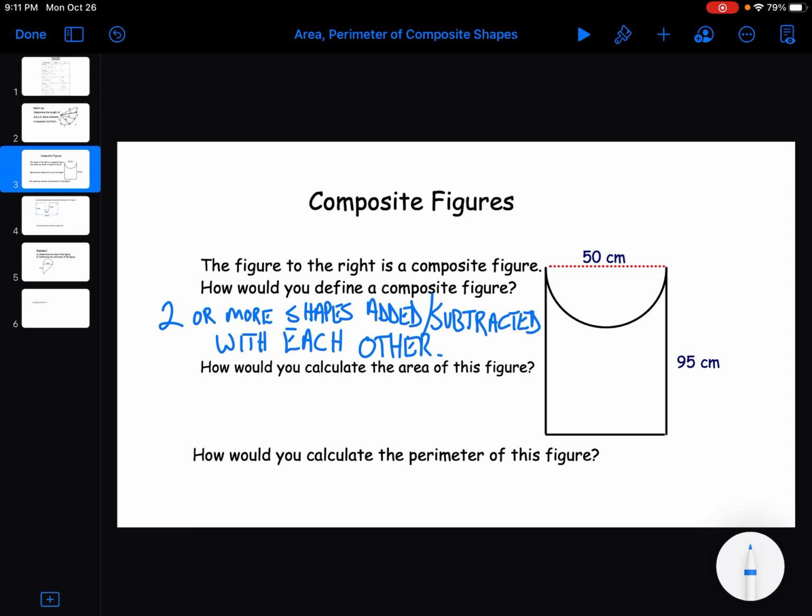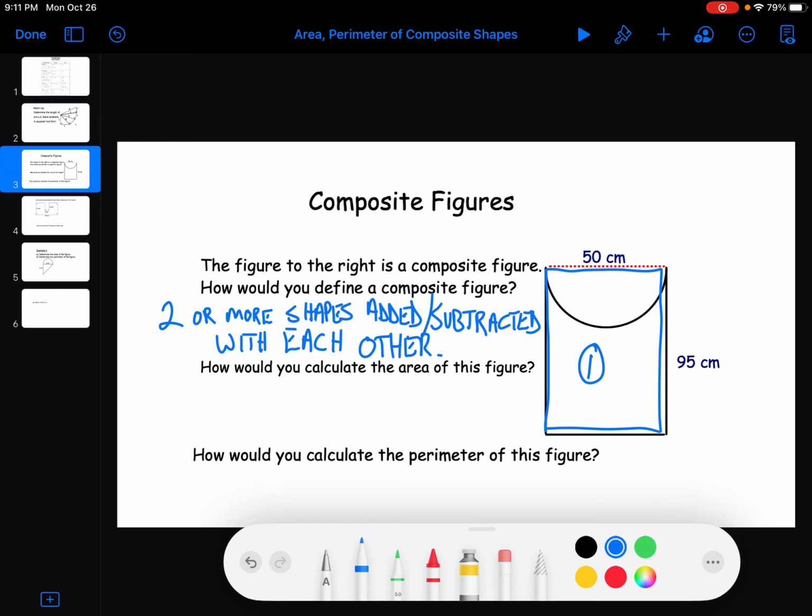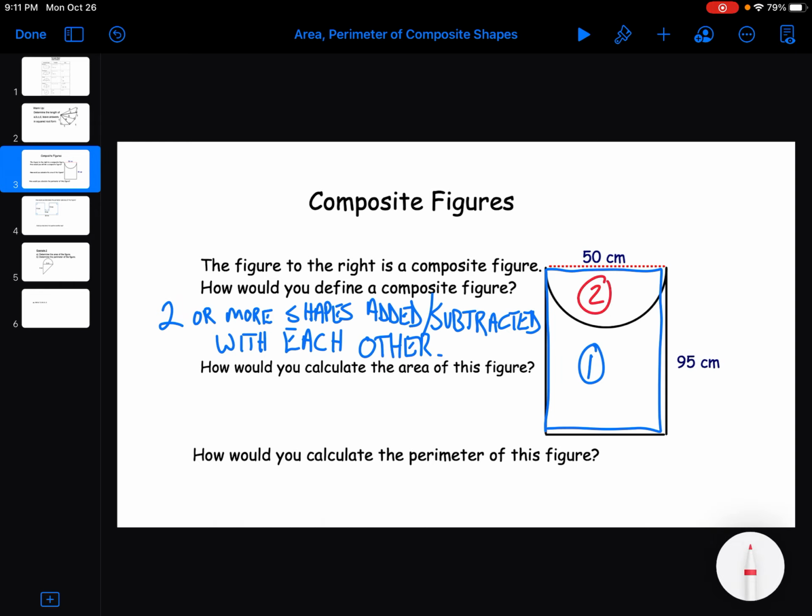So how would you calculate the area of this? It's just asking us how we would do it, but we'll go ahead and do this. I'm going to call the rectangle shape 1, and I'll do it in 2 different colors, the half circle shape 2.